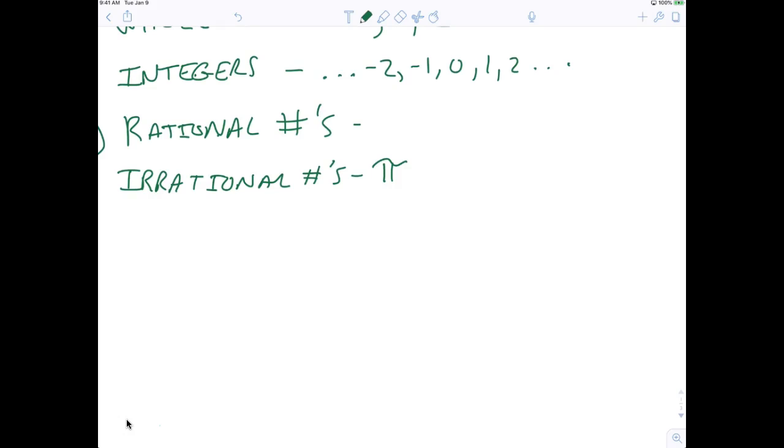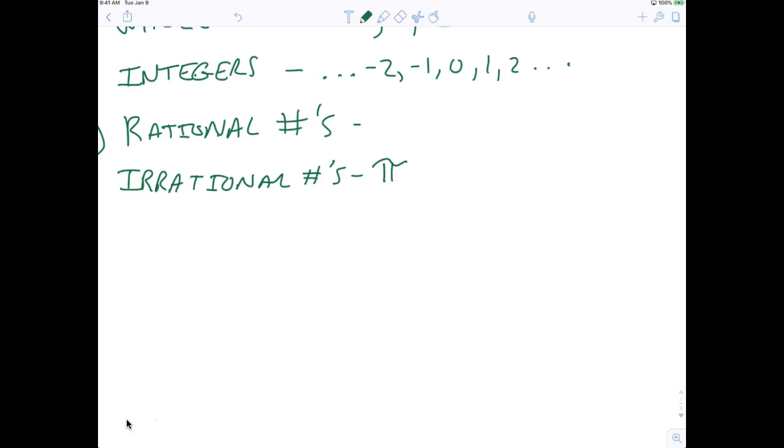And guess what? There are no patterns. And because there is no pattern, there is no way to write it as a fraction. So decimals, if they repeat, can be written as a rational number. If there is no pattern and the decimal does not terminate, then it's considered irrational.